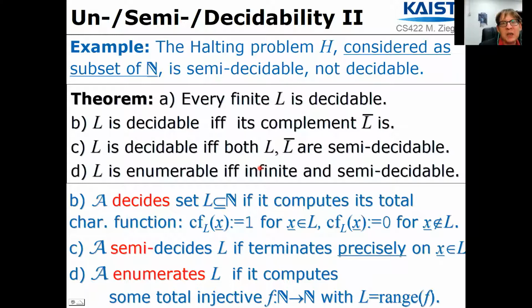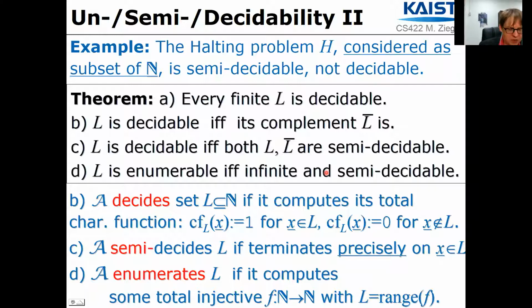Namely, we don't need a new notion of enumerability. In the sequel, as in many textbooks, these are used synonymously with semi-decidable, which is justified by item D, because the finite case is trivial by item A. So if you read a textbook and you see enumerable, and in a different textbook you see semi-decidable, most likely they mean really the same thing, subject to whether finite decision problems are even considered or discarded, as we are doing.